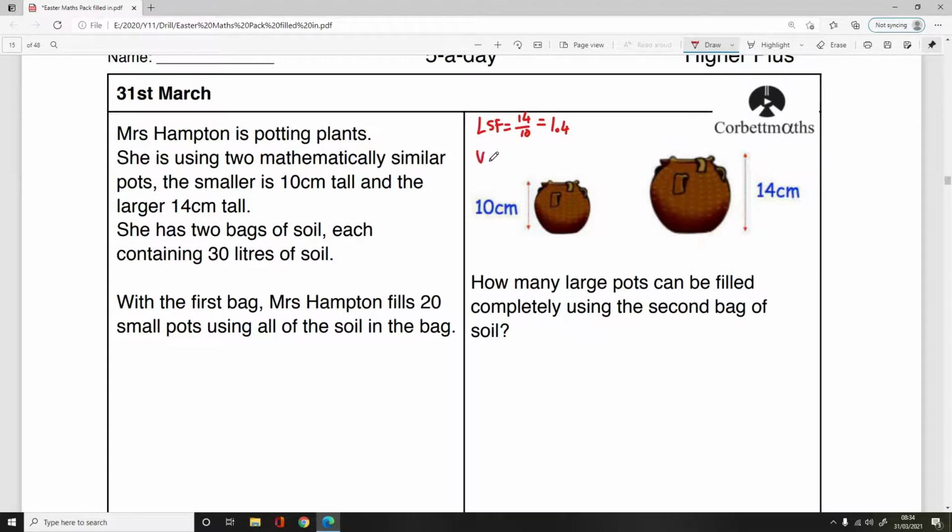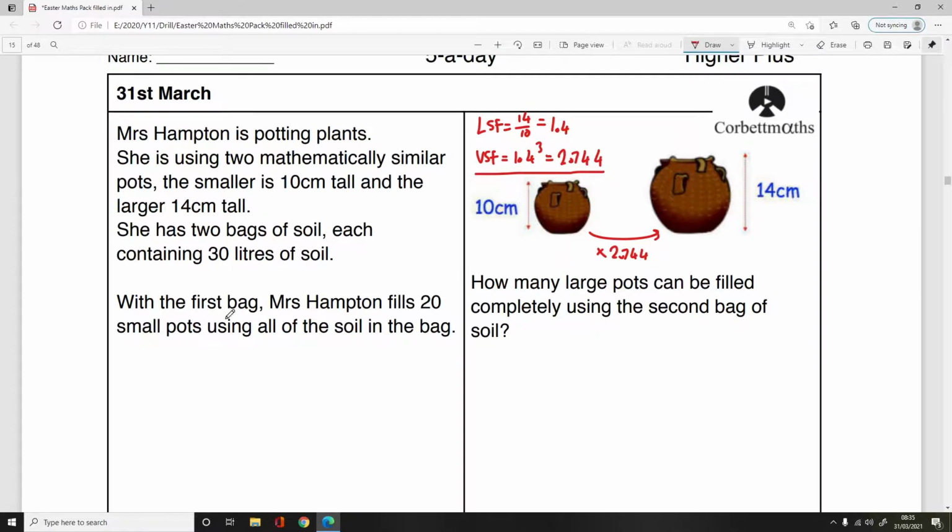And let's find the volume scale factor, 1.4 cubed, 2.744. We're going to use that in some way, like to get from here to here, volume-wise, you times by 2.744. What information do we actually have?